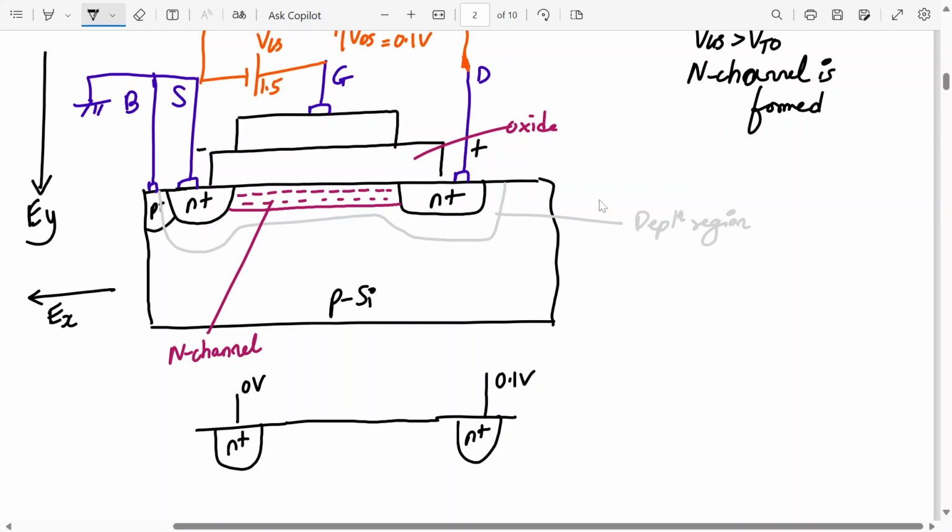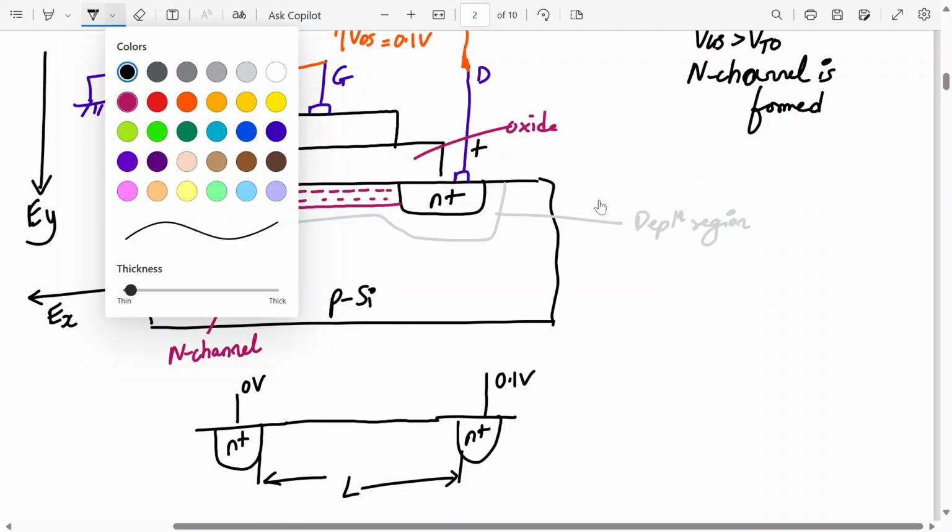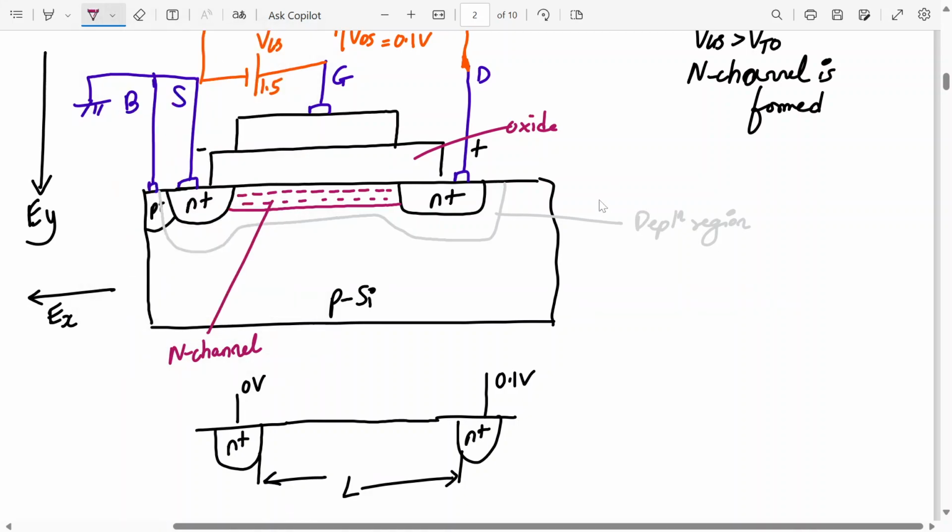Throughout, this is the length of the channel, this is L. I am just explaining it below, for simplicity, and this is my N channel which is formed. This is my oxide layer above, and this is my gate terminal. Just imagine, this is my gate, this is oxide layer, and this is my metal, this is my gate voltage. This is my N channel.